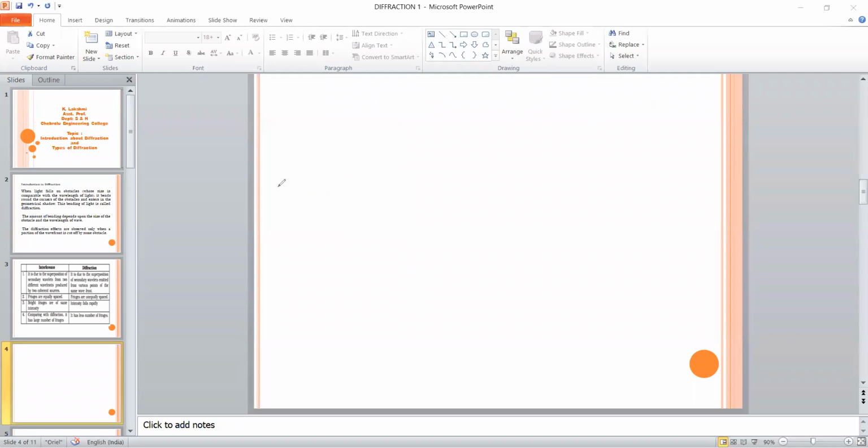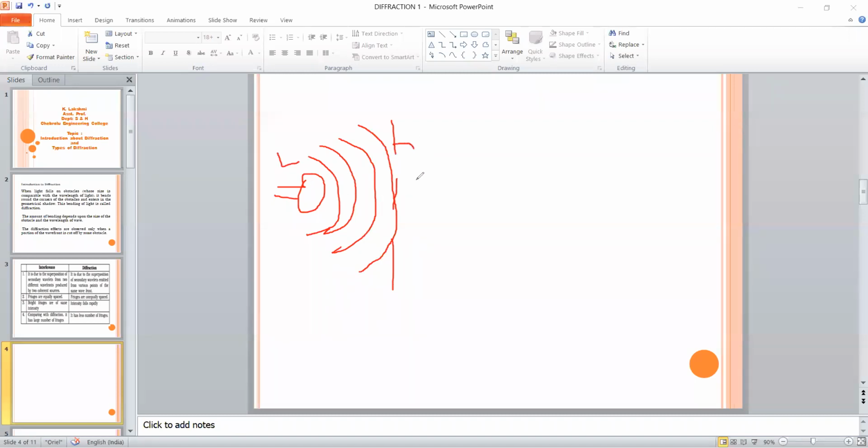Once again, I will draw that clearly. This is the bulb. There are two slits here. These are the wavefronts emitted by this light. Now, due to this obstacle, let it be A, a new wavefront is formed. Now this is another obstacle B. Again, here a new wavefront is formed.